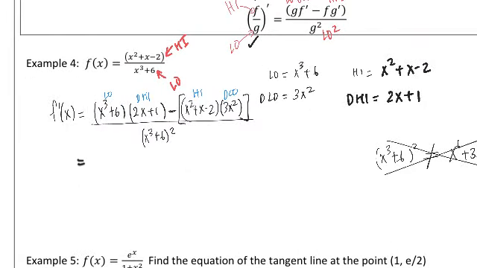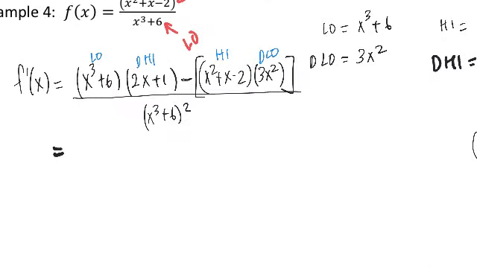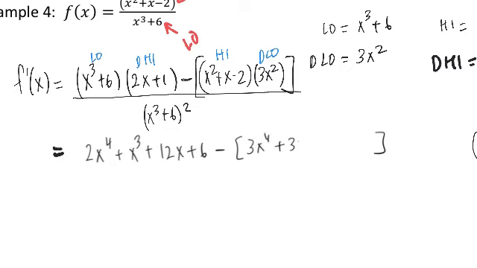Okay, I'm going to simplify the top just to show you how that algebra would work. We're going to FOIL out every term there. So 2x to the 4th plus x cubed plus 12x plus 6 minus, and just leave the brackets here. First, we're going to distribute, 3x to the 4th plus 3x cubed minus 6x squared.